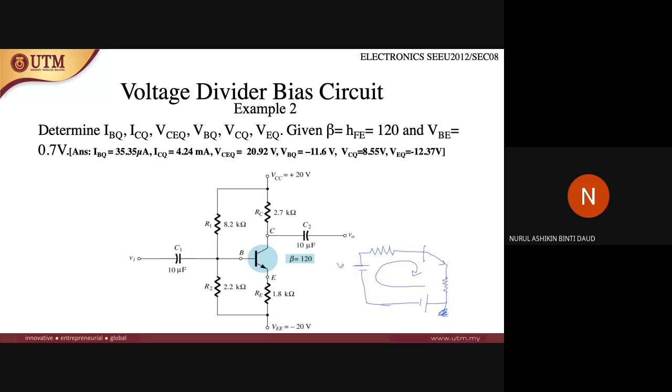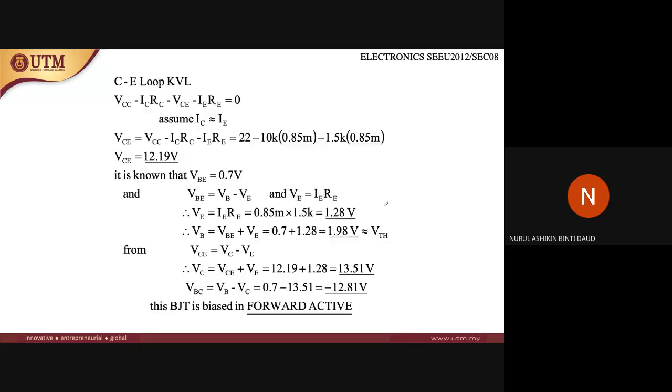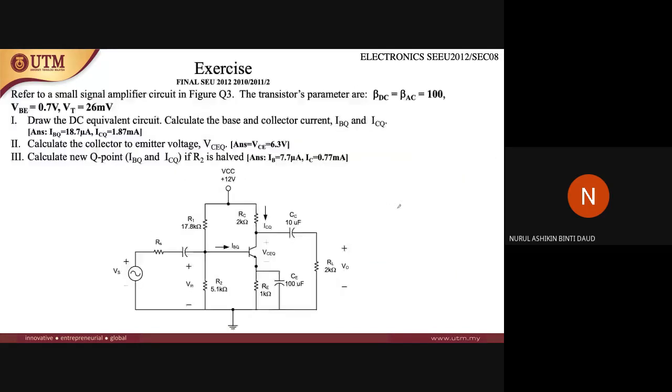So this is VCC, the current comes in positive, negative, positive, negative. The current enters here at the base, positive, and comes out here at the emitter, negative, then positive. This is the minus sign, so it comes out minus.